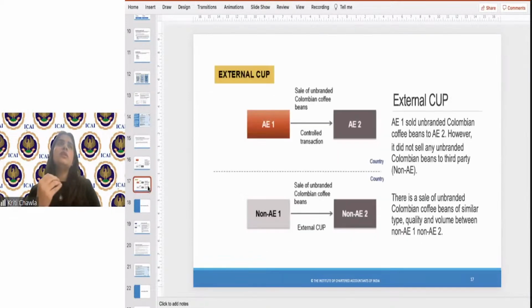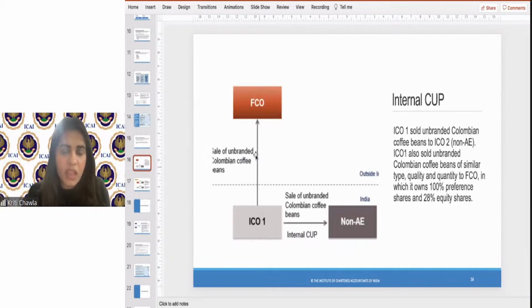But external CUP is something which is very, very random. If you want to substantiate your transaction, it can be done only through an external party transaction. So you pick up two random parties. The difference between internal and external CUP is that in internal CUP, this is the common party. This is your internal party.